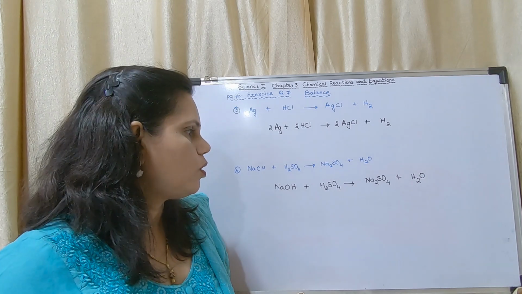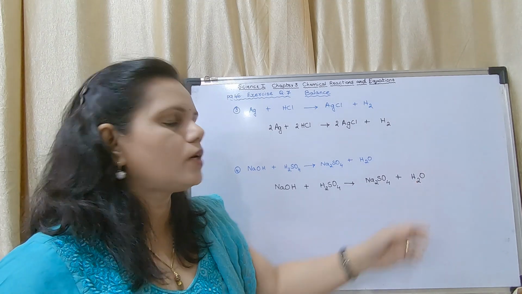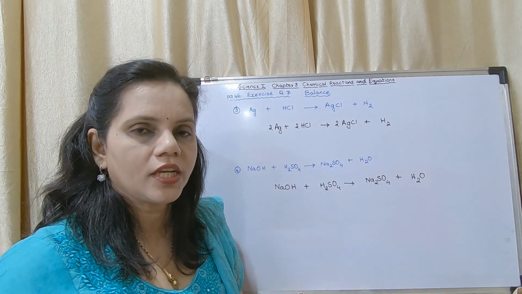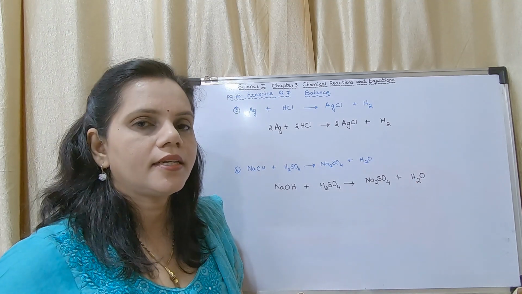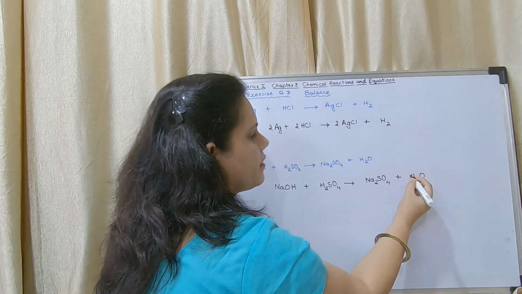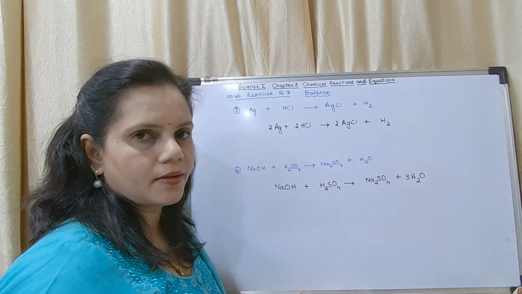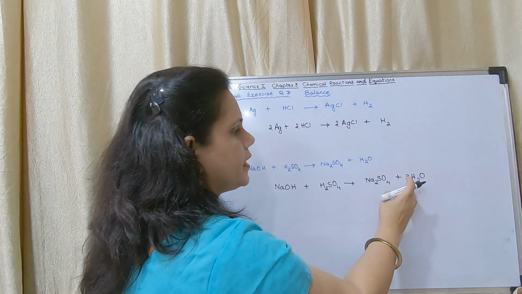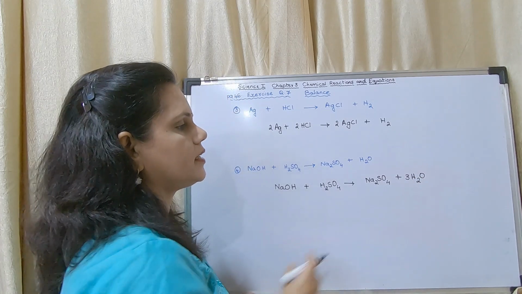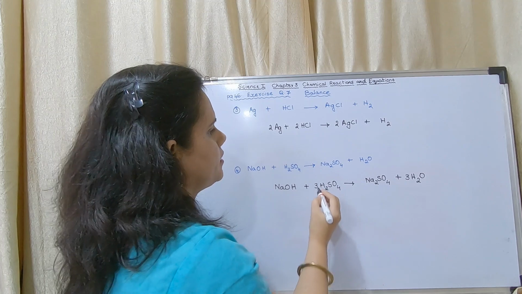So what am I going to do? I cannot convert this 2 into 3, but I can convert it into 6. So if I have to convert it into 6, I have to put a 3 here. So with 3 there, the hydrogen became 6. So here I will put a 3.